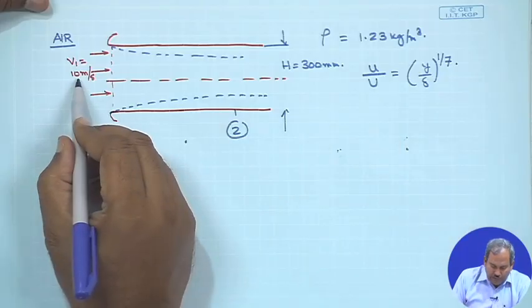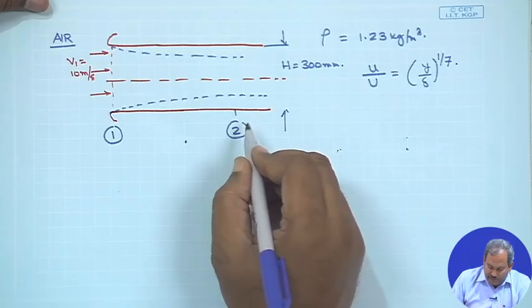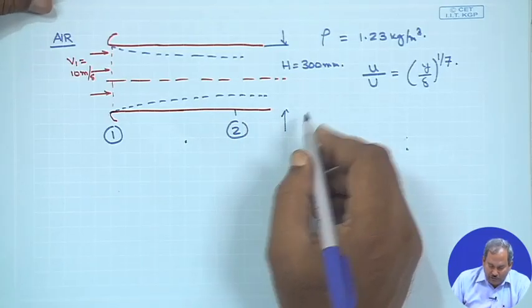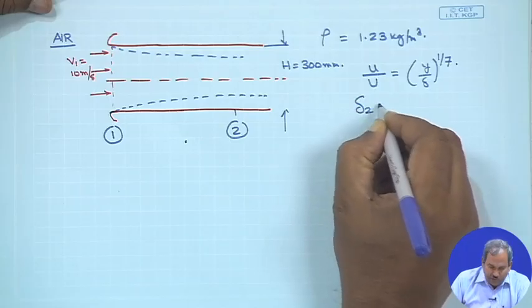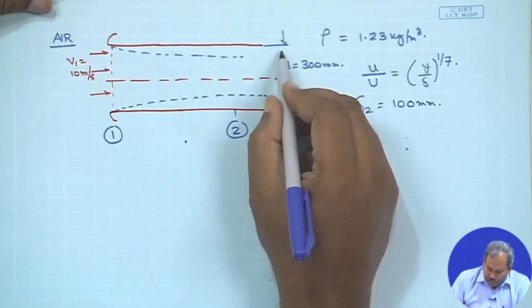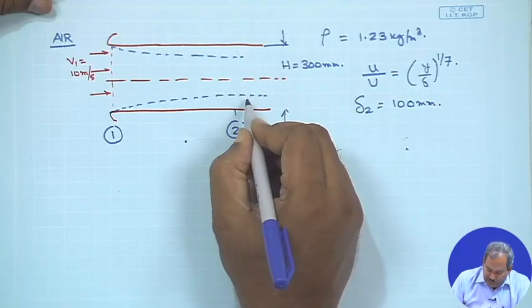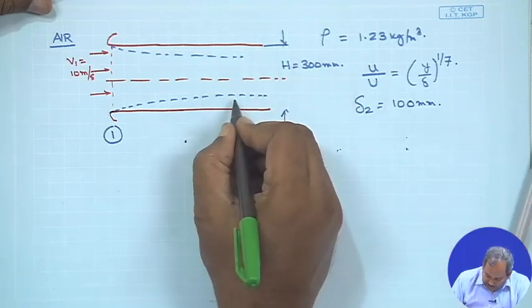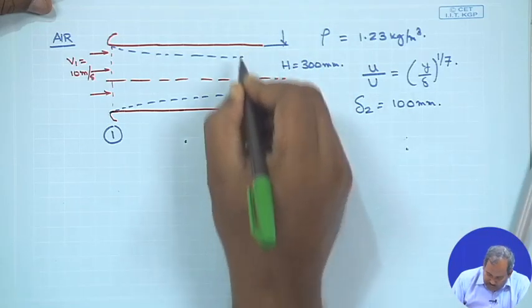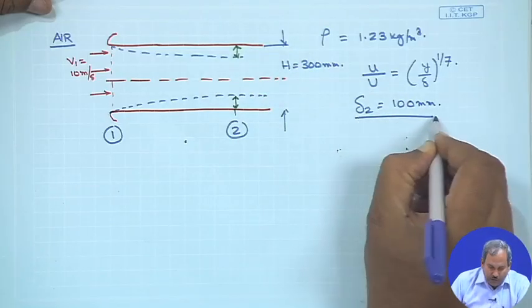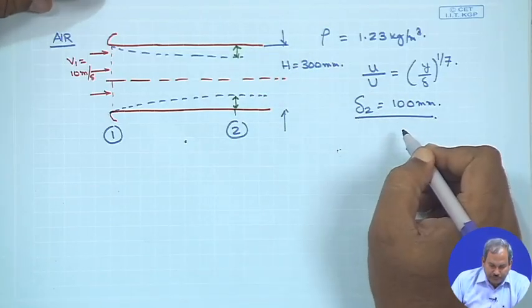The inlet flow is uniform at 10 meter per second at section 1. At section 2, the boundary layer thickness on each wall of the channel, delta 2, is equal to 100 millimeters. So, the duct size is 300 millimeter, but at section 2 the boundary layer thickness at the top and at the bottom is equal to 100 millimeters.